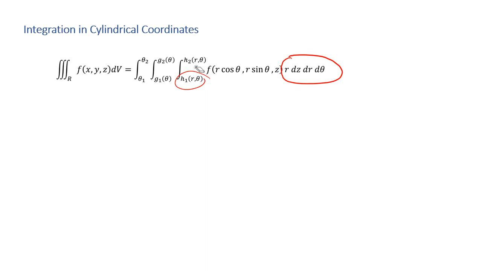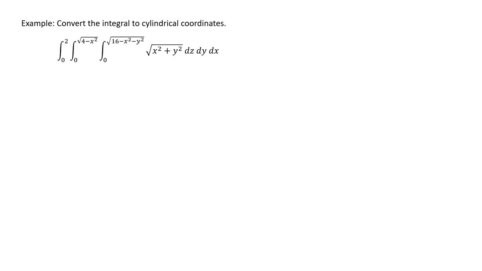And then we integrate with respect to r next. Those bounds can have thetas in them. And then finally, our thetas should be constants, if that's the last thing we're integrating with respect to. All right, and then of course we replace all the x's and the y's with r cosine theta and r sine theta respectively. So let's see how this works with an example.